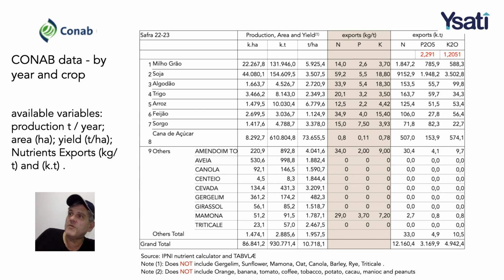So these 12 million are not really needed because there is this biological fixation of nitrogen. And some other crops interact with the soya production because they are used in rotation, what we call rotational crops.